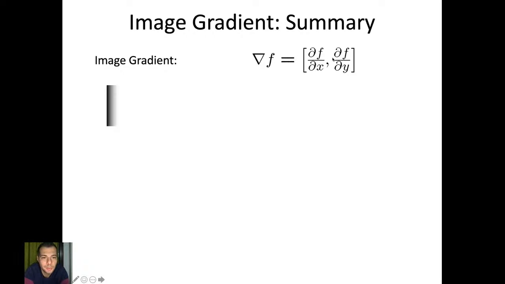So the gradient can be represented by the two partial derivatives. So if we have variation on the horizontal axis, the gradient vector will look something like this.